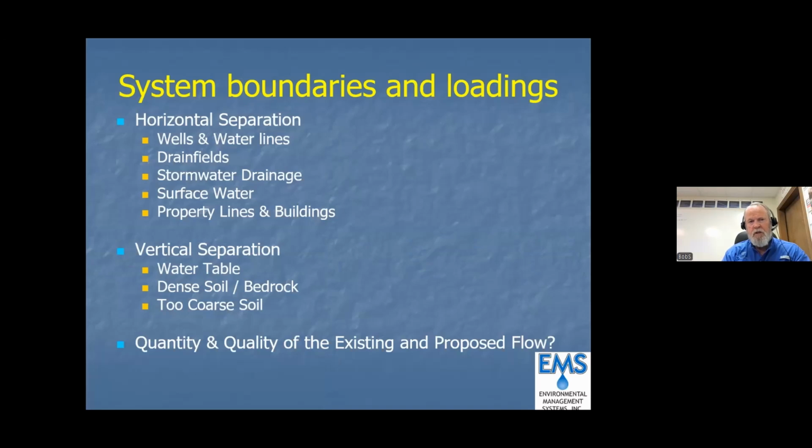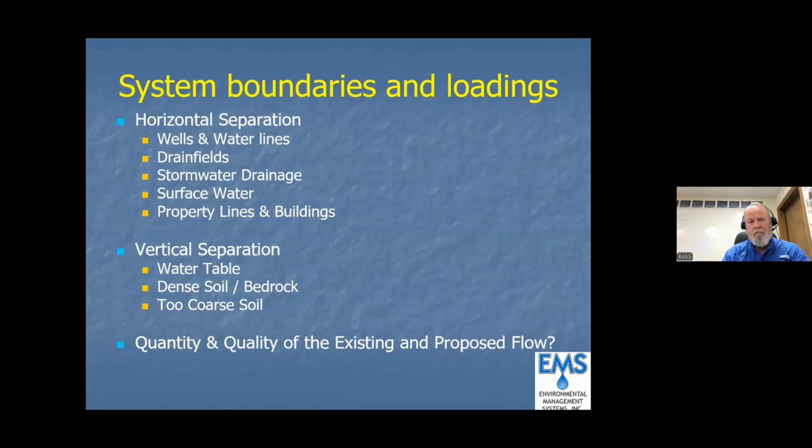And so you're looking at the site, the horizontal separations from wells and water lines and drain fields, the stormwater drainage, surface water, and of course, property lines and buildings. You can't be causing problems for the structure or other components like the drain field.